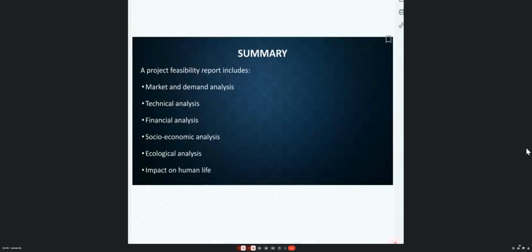So these are the items that will be used to generate your feasibility report.